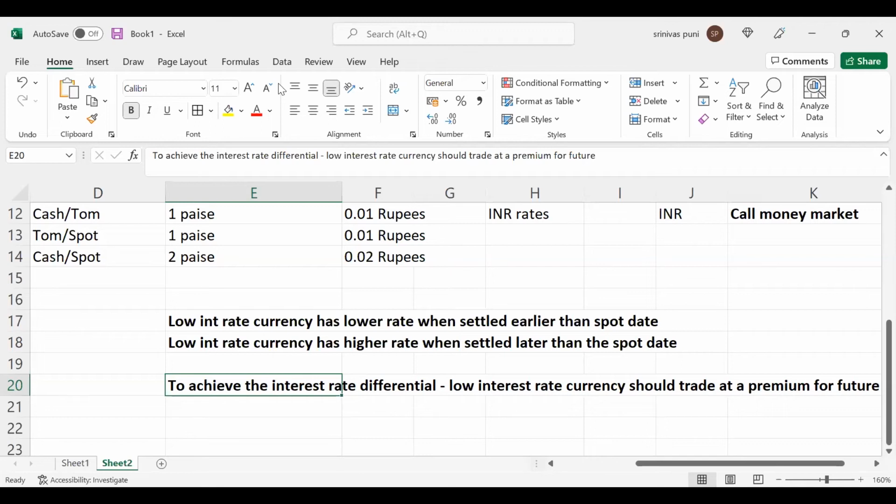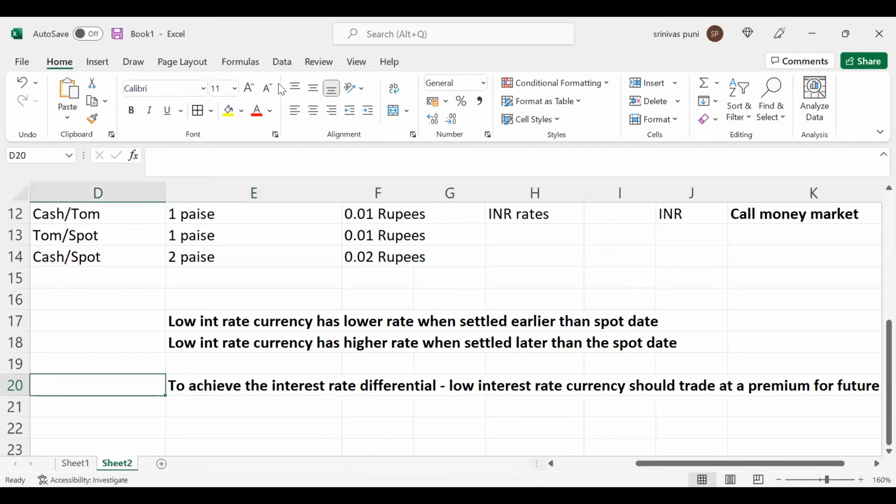But at least at the introductory level to the FX market, I'm introducing the concept of a forward rate. A forward rate meaning a rate for settlement of dollars at a future point in time. The rate for settlement of dollars before spot date is the cash rate and the term rate. A rate for settlement of dollars beyond the spot date is the forward rate.